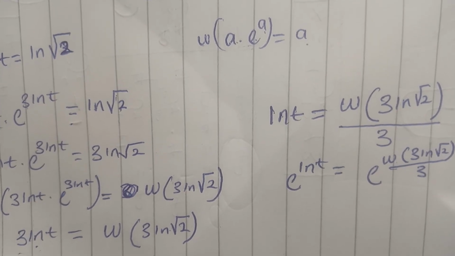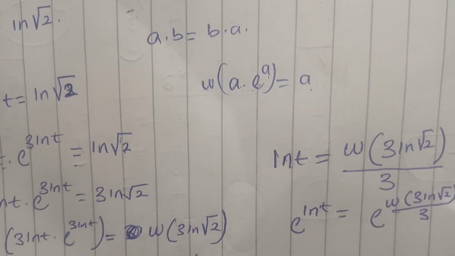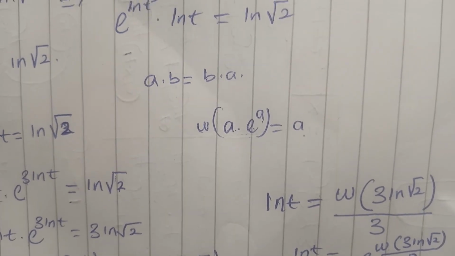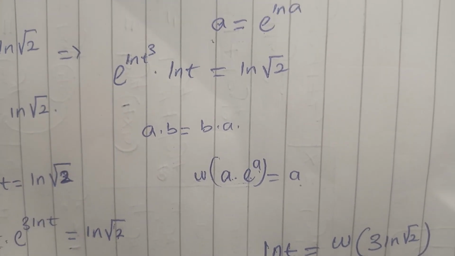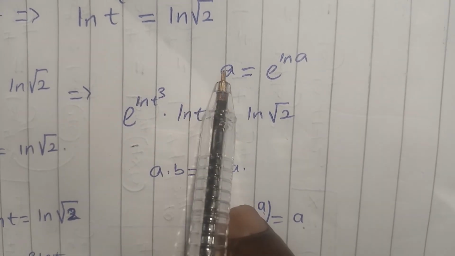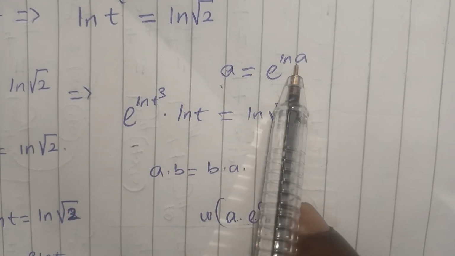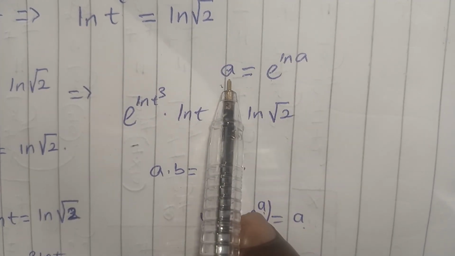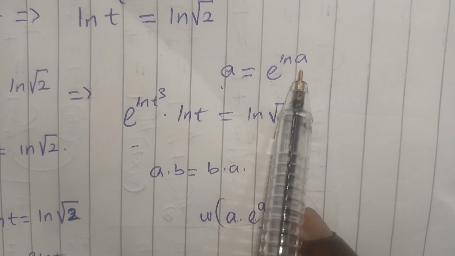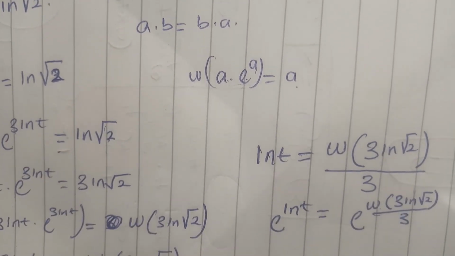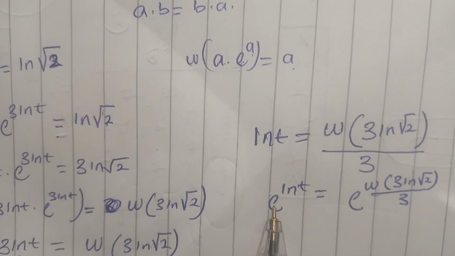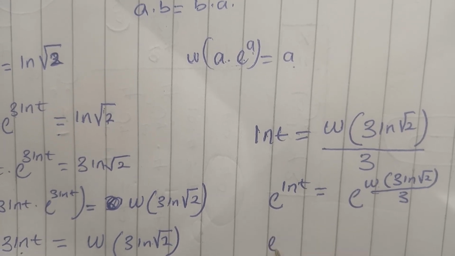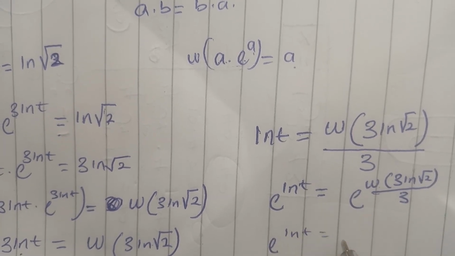So I will bring you back to this rule which says a is equals to exponent of ln of a, right? If we put this rule here, we are having exponent of ln t, and exponent of ln t is also equals to t.